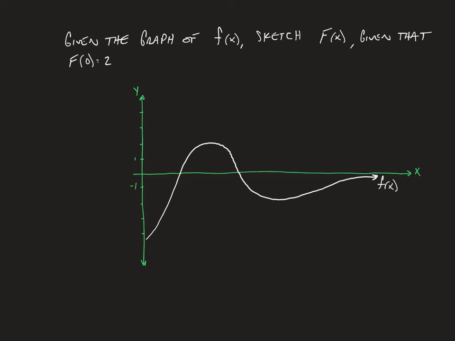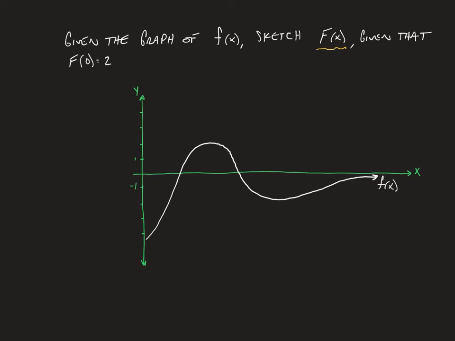The slope of this function, f of x, is the function we're seeing here, right? So the slope of big f of x is this function. So when we're seeing negative values in f of x, that means that big f of x has a negative slope over those values, right? So since little f of x is negative here, big f of x has to be decreasing at that time.